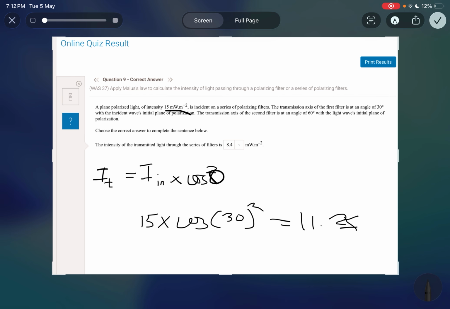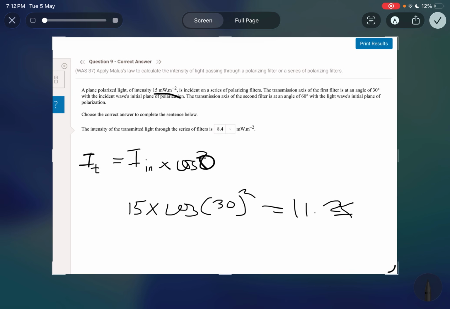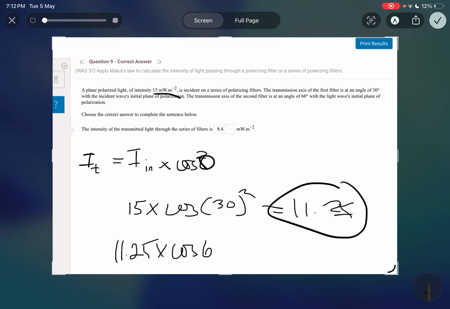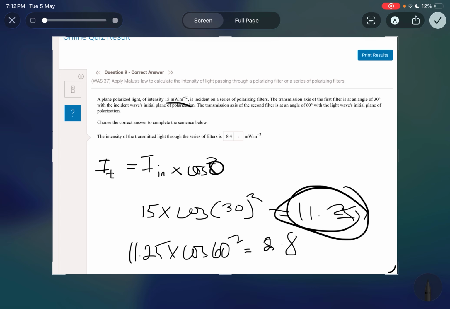Now you do 11.25 times cosine squared of 60 for the second one. You'll get 2.8. Then you do 11.25 minus 2.8, and you will get 8.45. The closest answer in the quiz is 8.4, and that's how you get it.